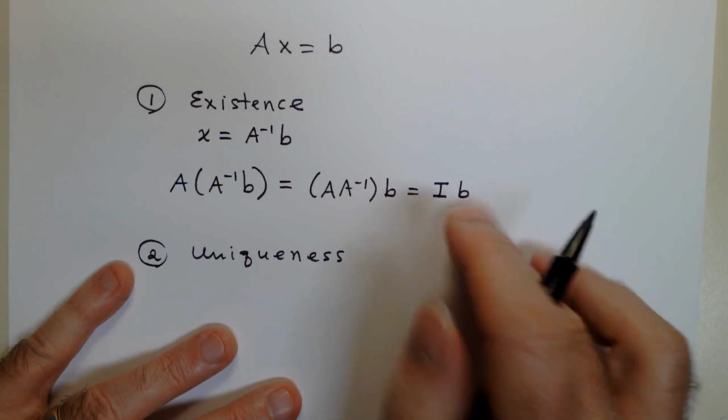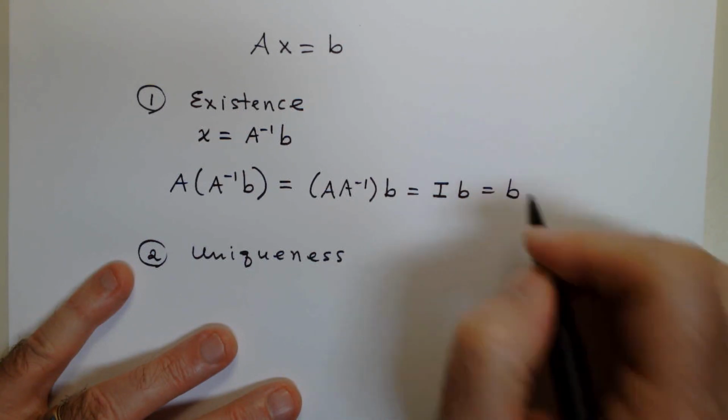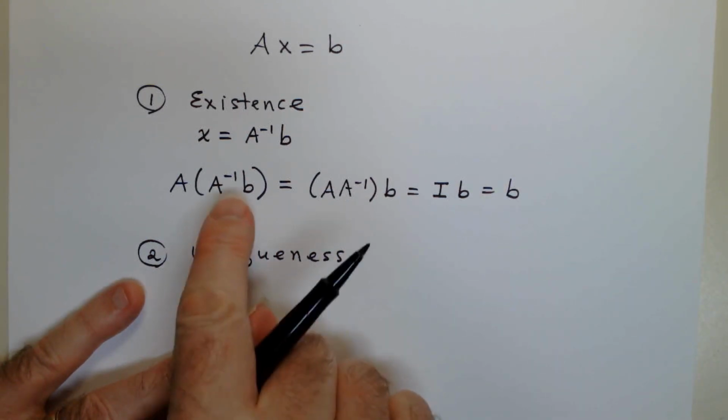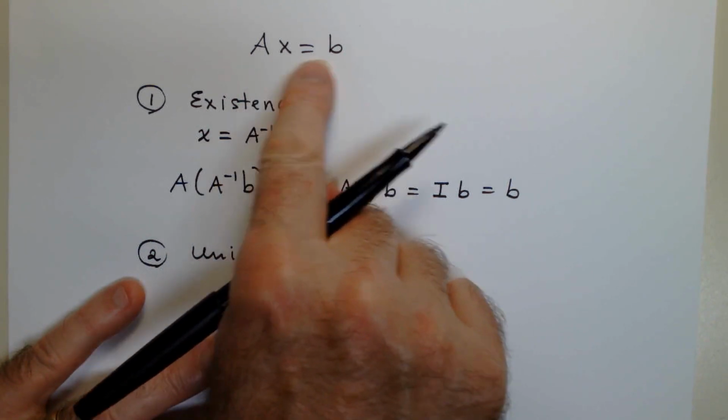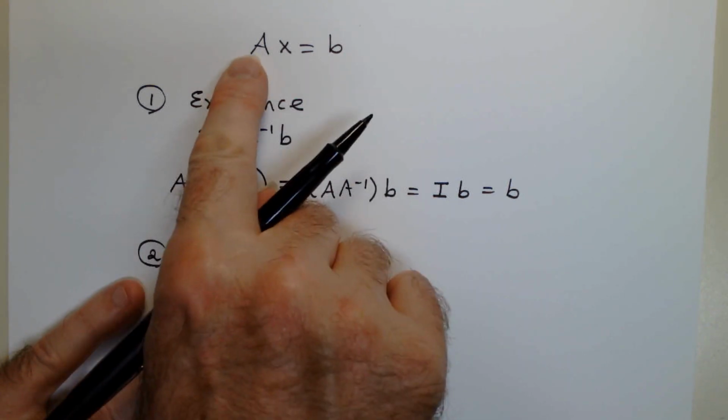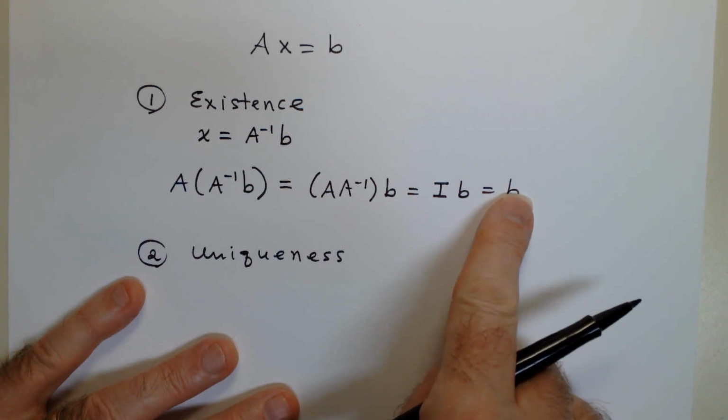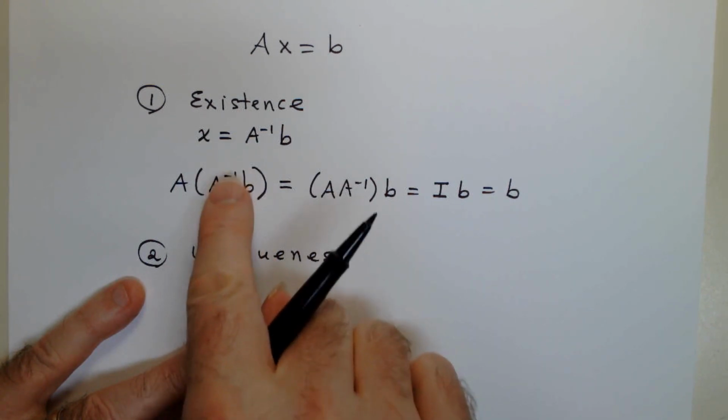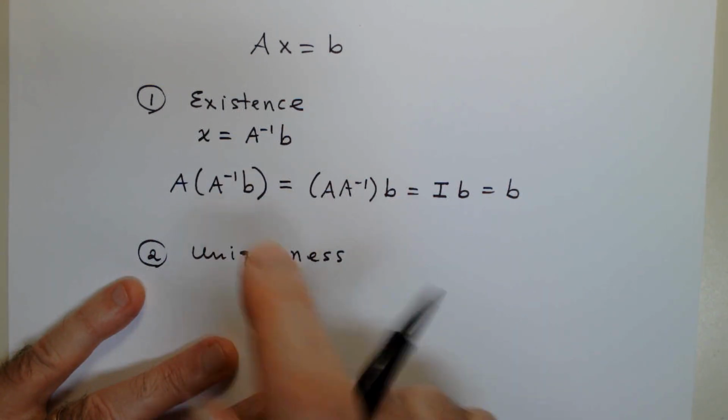And the identity matrix times B is just B. And so this shows that this, in fact, is a solution to this matrix equation. When I apply A on the left, I get B. So A times A inverse B equals B. This is a solution.